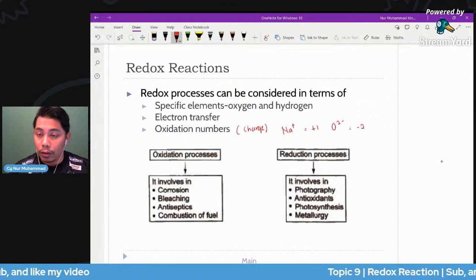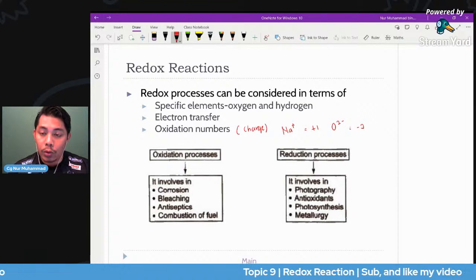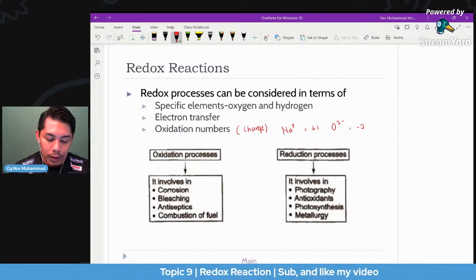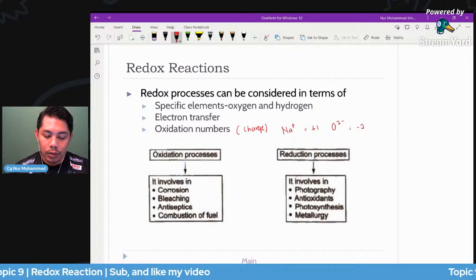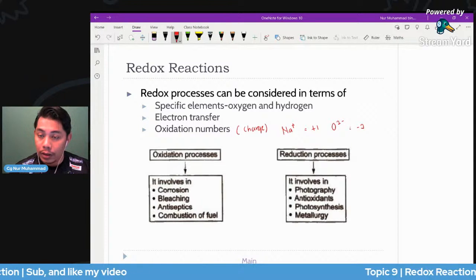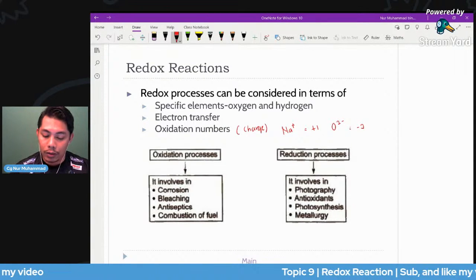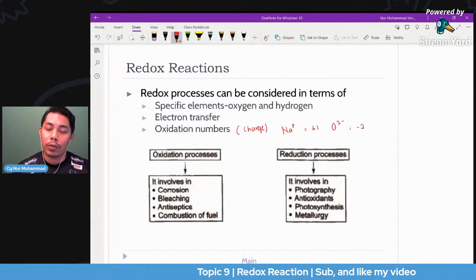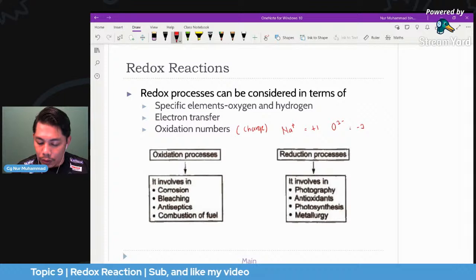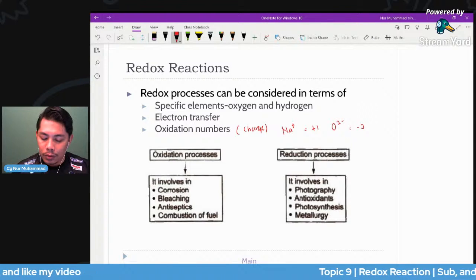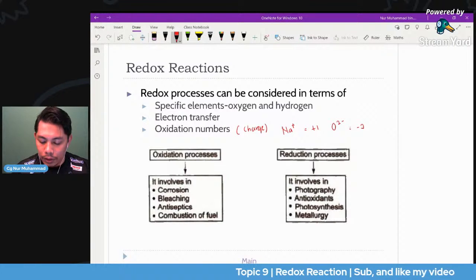Bleaching, melunturkan warna kan, that one is oxidation. Antiseptic, and then combustion of fuel. So all the combustion is oxidation, not reduction, because it reacts with oxygen. And example of reduction is photography, antioxidant, photosynthesis, metallurgy.